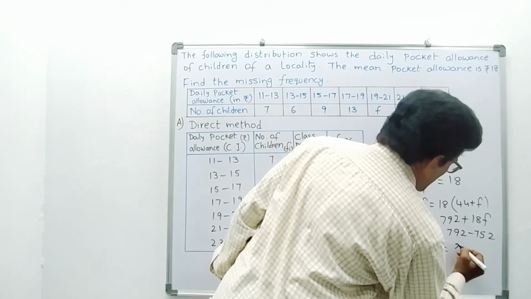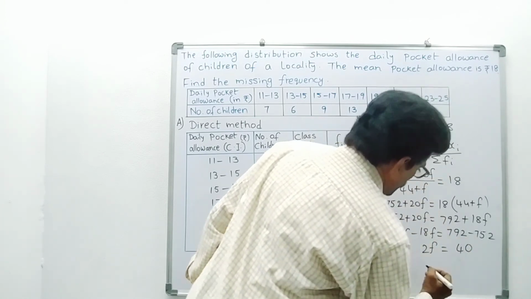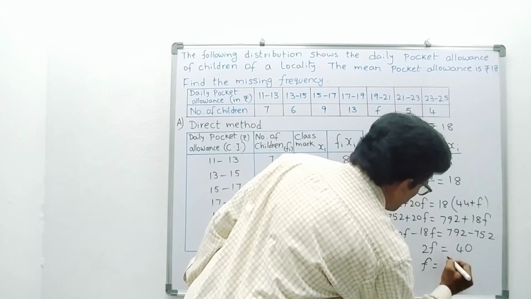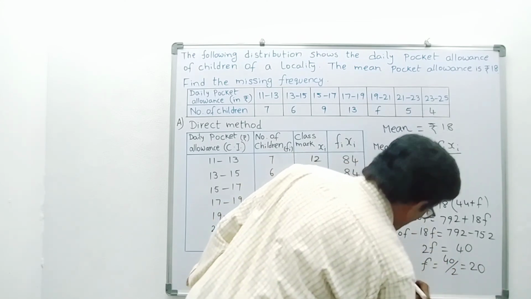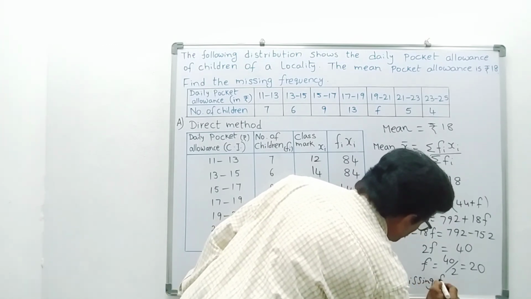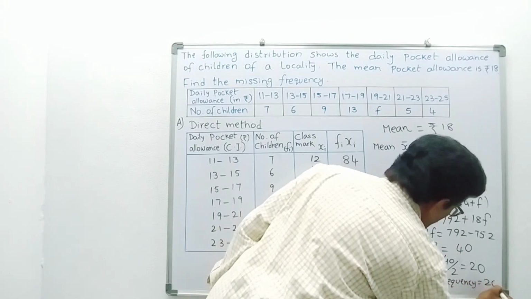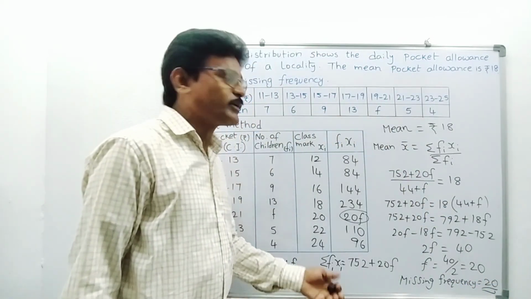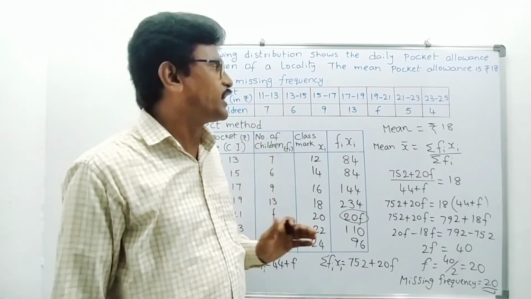It is 40. So what is F? 40 by 2, that is 20. So the missing frequency, how much are you getting? It is 20.